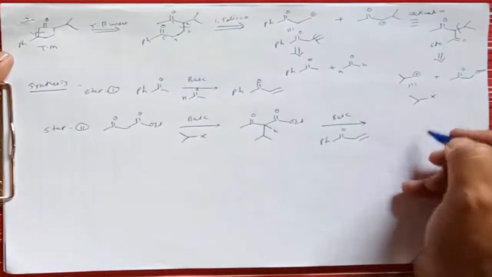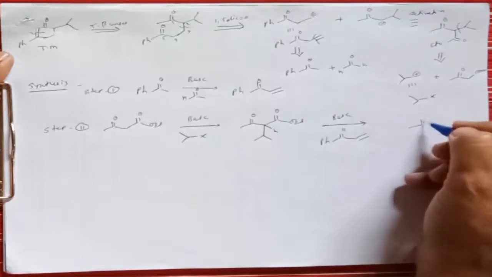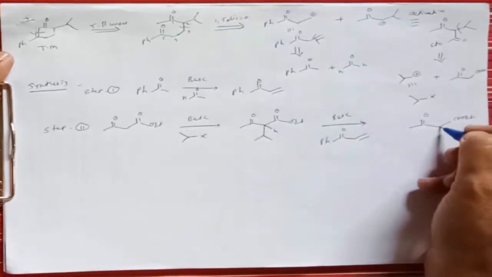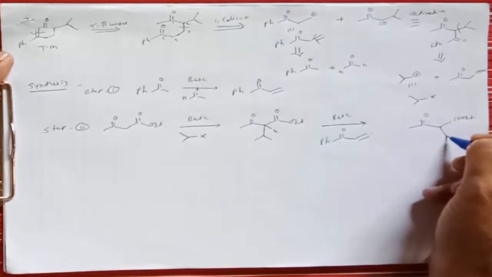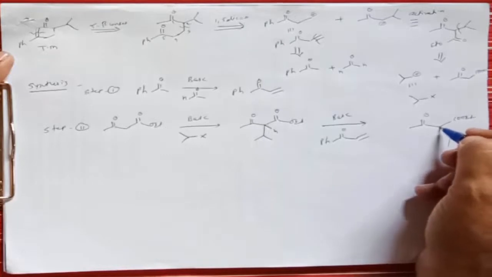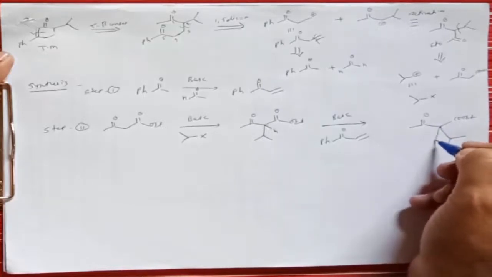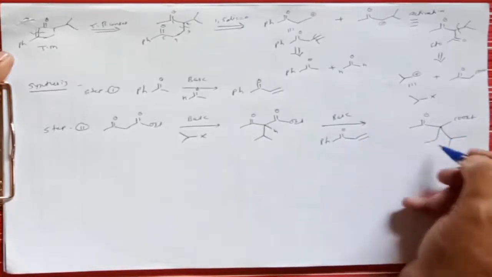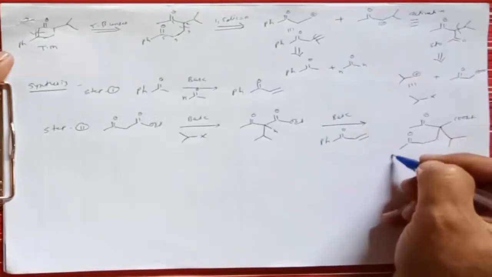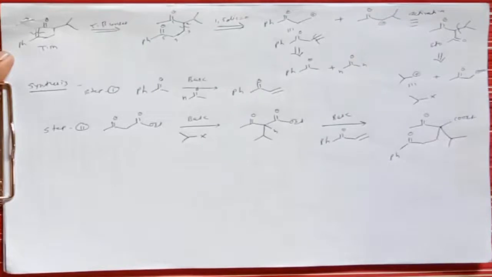That means a 1,4 addition takes place, and therefore it gives a compound like this, with COOEt, a CH2 here, and the three-carbon position with Ph there.